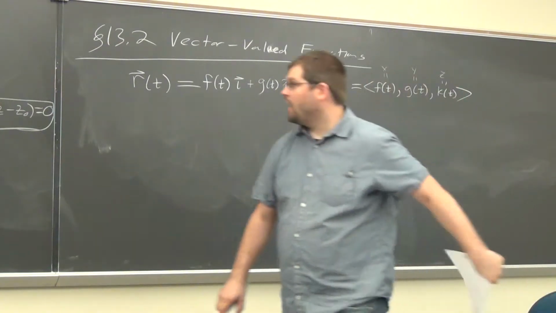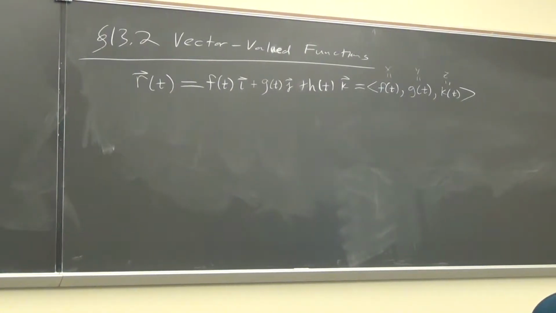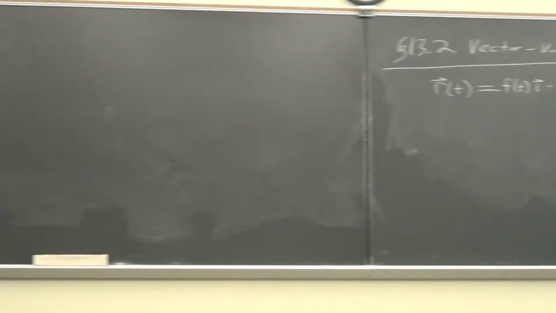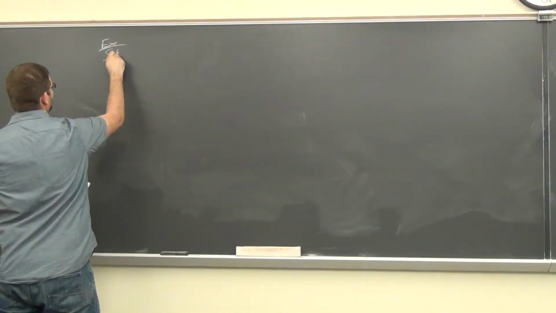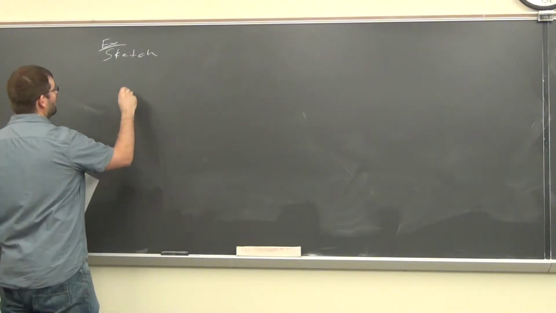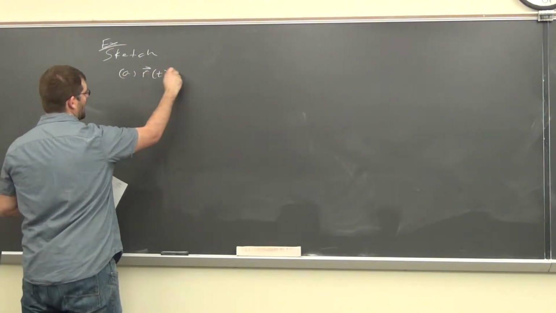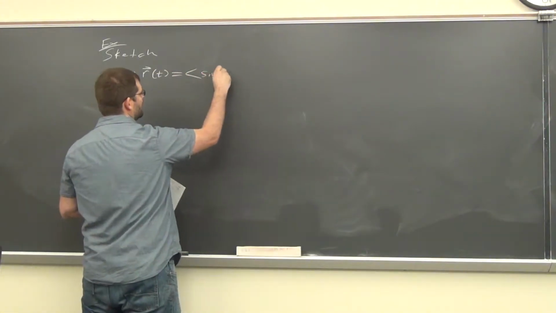So let's try sketching a couple things here. Some of this gets really hard to draw, and so don't be too intimidated. I'm not going to expect a lot of beautiful artwork out of you. All right, let's just start in 2 dimensions here.